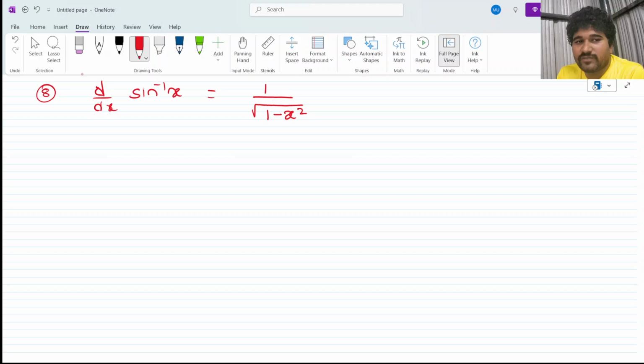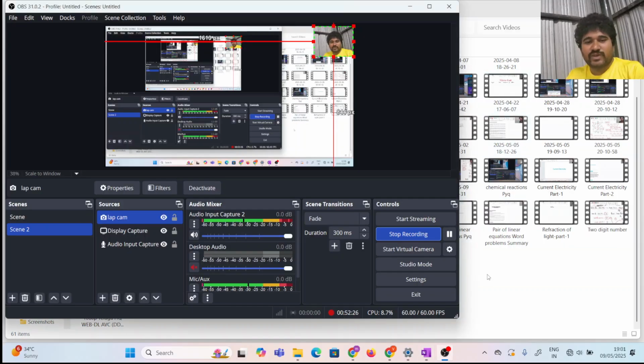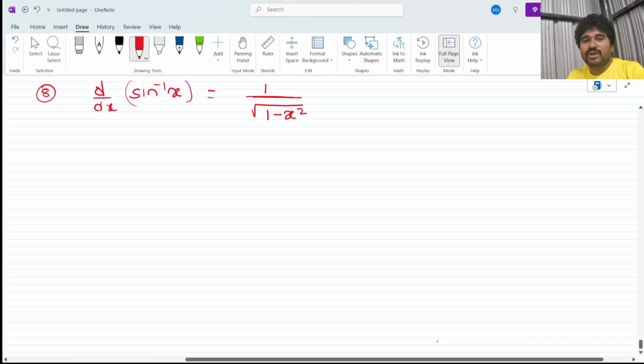What is the formula of d by dx of sine inverse x? 1 by root of 1 minus x square.